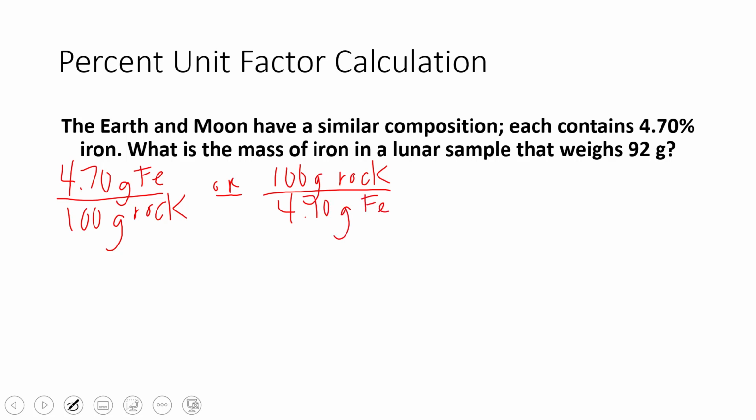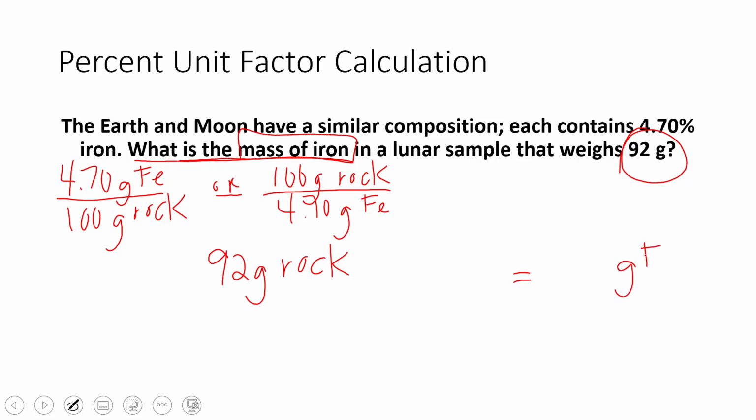What is the mass of iron in the lunar sample that weighs 92 grams? So I'm given that I have 92 grams of rock. I want to know the mass of iron. It even says, what is the mass of iron? So I need to do some sort of equation where I get grams of Fe for my final answer.